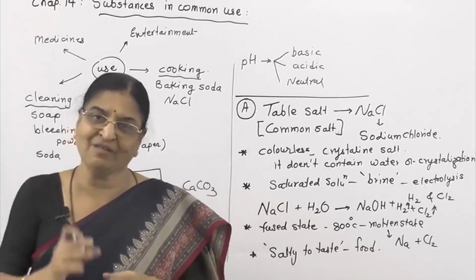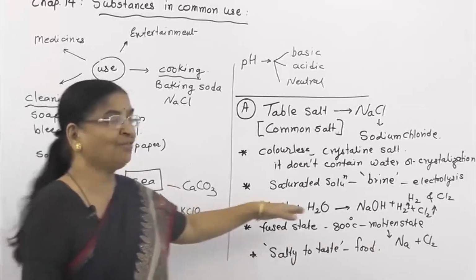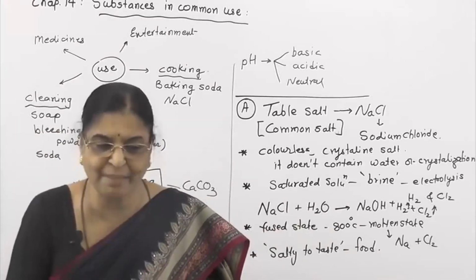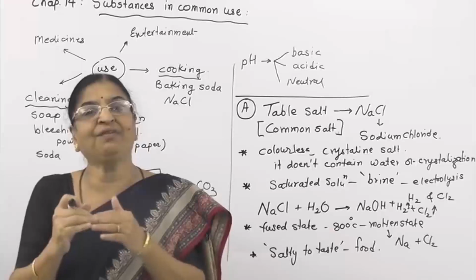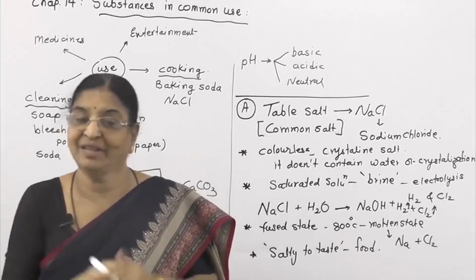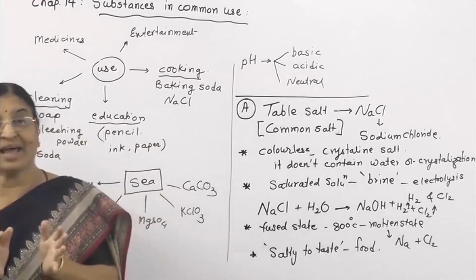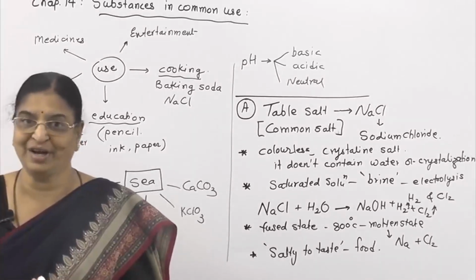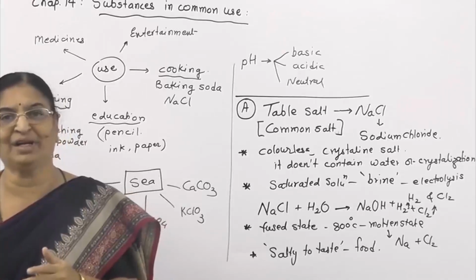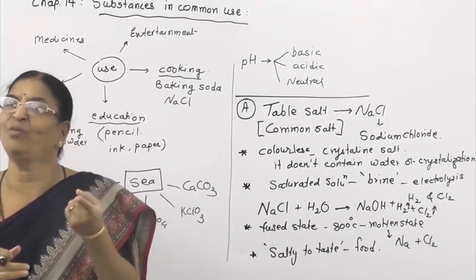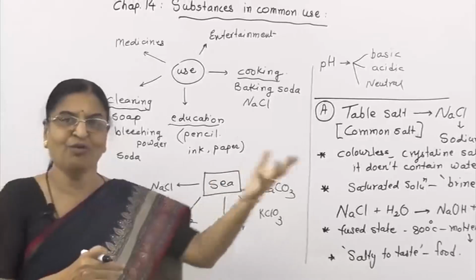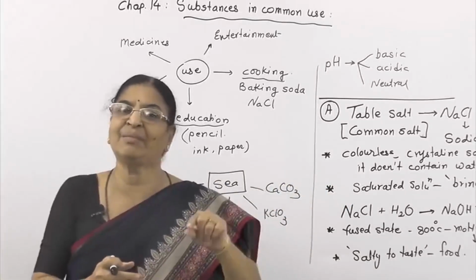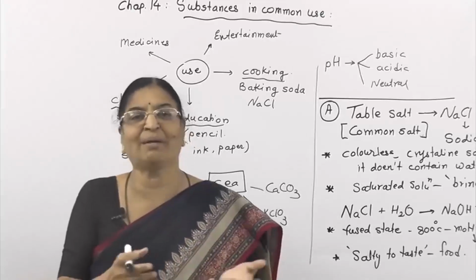And here is another important part of this brine. Suppose 20% concentration saturated brine is given and one-fifth of it is evaporated, then you will get crystalline sodium chloride in a pure form. This is also one of the methods to get the salt, because we get common salt from the sea, and it is in an impure state because it contains some other salts also, like magnesium chloride.